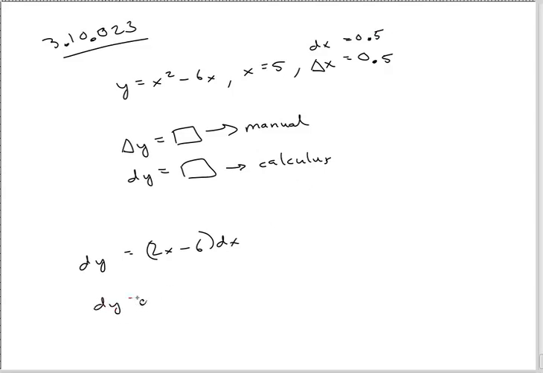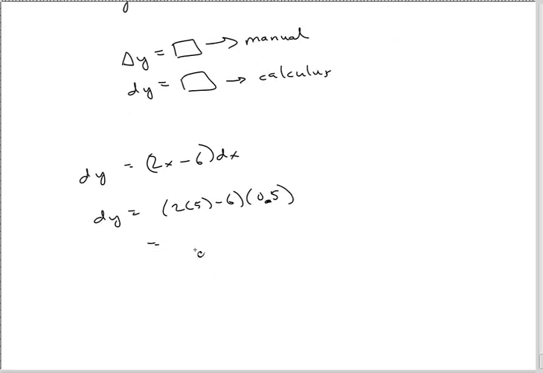So my dy would then be 2 times 5 minus the 6 times 0.5. 10 minus 6 is a 4. 4 times a half is 2. And this is because, again, my delta x and dx are actually equal.